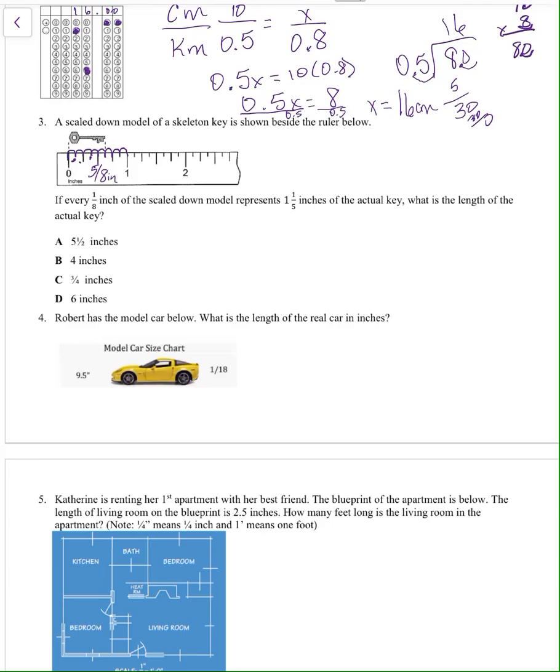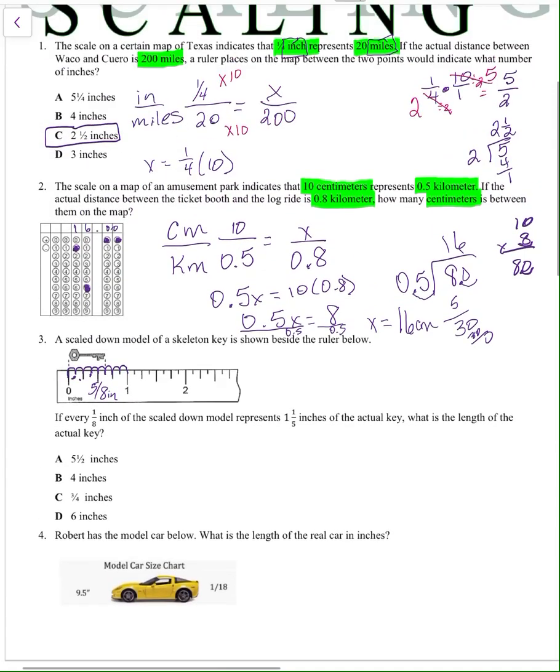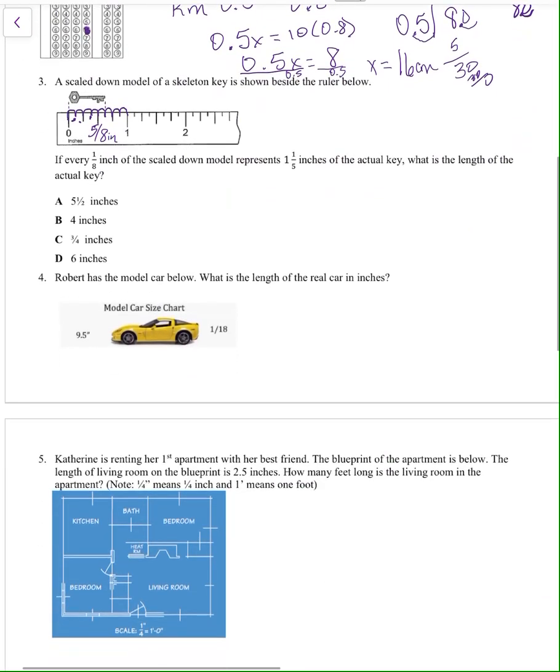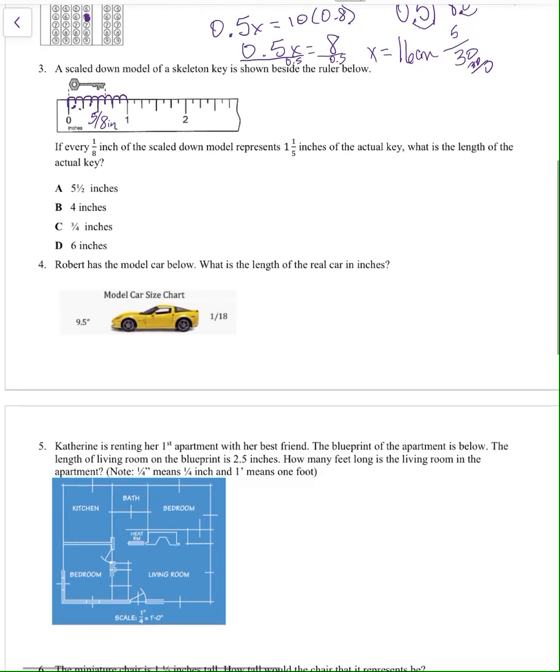All right. So the rest of the question says if every 1/8 inch of the scaled down model represents a 1/5 inch of the actual key, what is the length of the actual key? Now, on our other examples, we compared centimeters to kilometers, and on the top one we did inches to miles. Well, this one, we can't do inches to inches, because I don't know what inch goes with which.